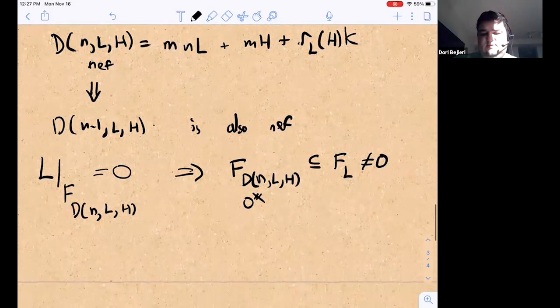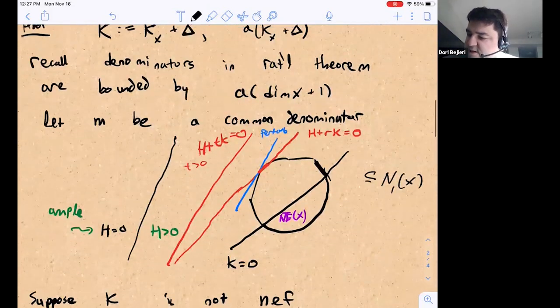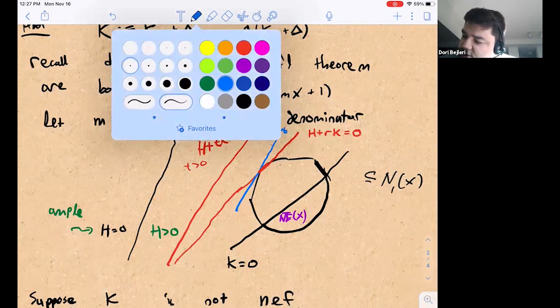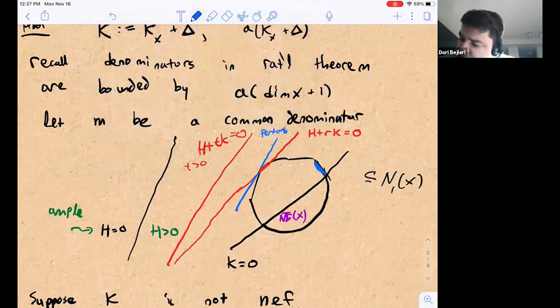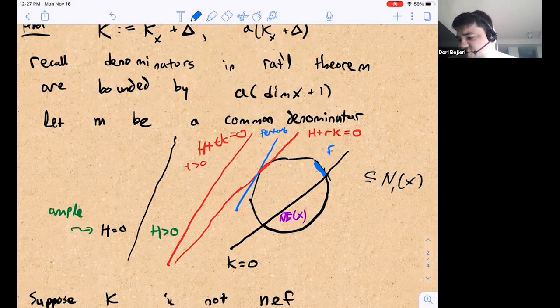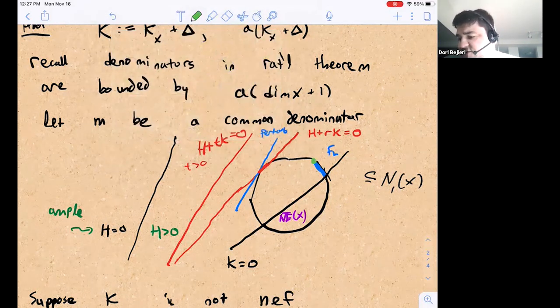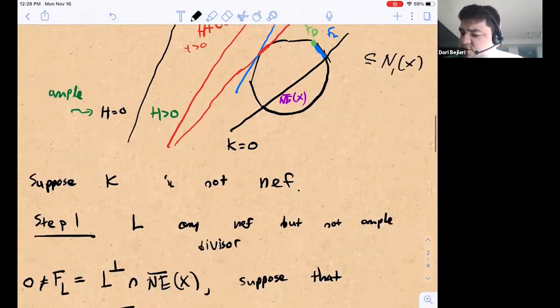Right. So now we have this face, and now we also want to know that, like in our picture, if we picked FL to be, say, this face over here, where one of the boundary rays of that face is actually on the k equals 0 point, we want to know that this FD, so if this is FL, we want to know that this FD is over here in the strictly negative part, not in the 0 part.